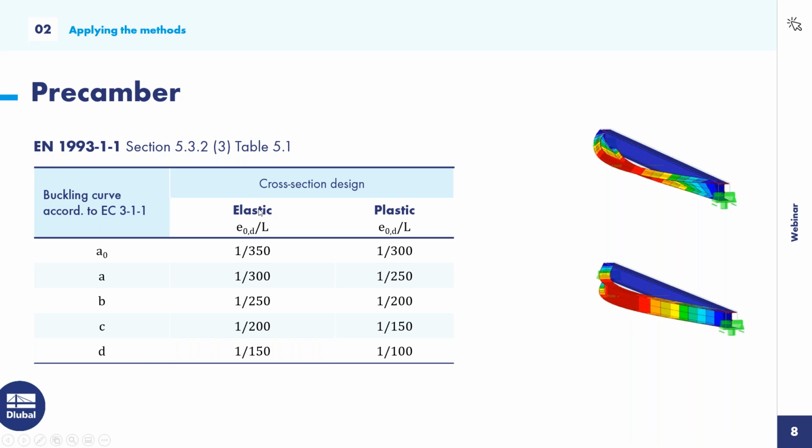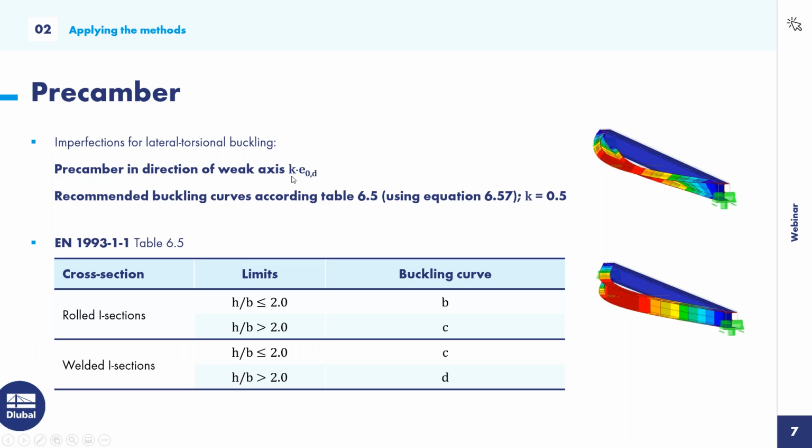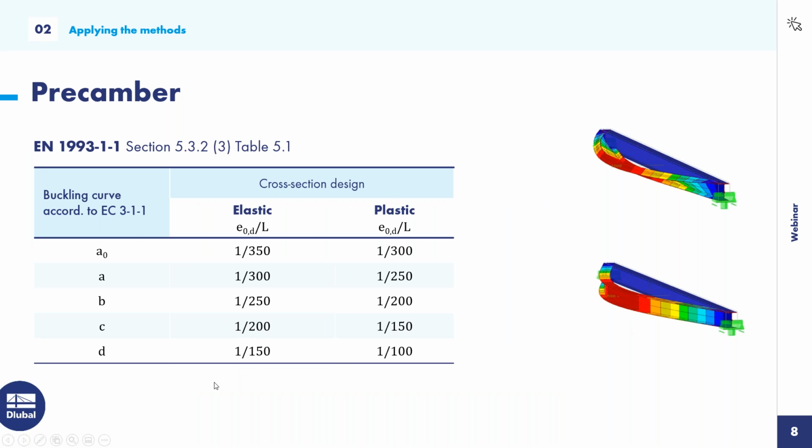The warping torsion analysis is an elastic design, as I already mentioned. Therefore, we need to apply not L divided by 150, but L divided by 300. Because of the formula 0.5 multiplied by e_0,d, L divided by 300.